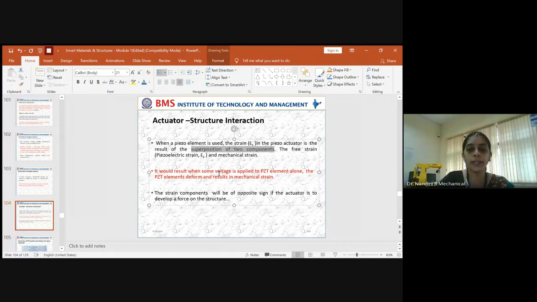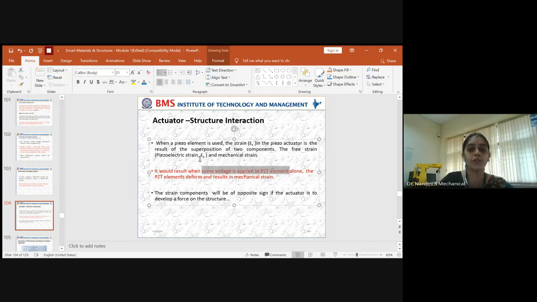You should be able to understand what you mean by piezo strain and what you mean by mechanical strain. Mechanical strain refers to the structure and piezo strain refers to our actuator that we are using.